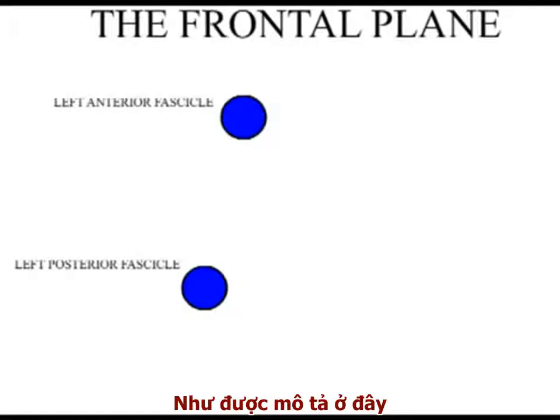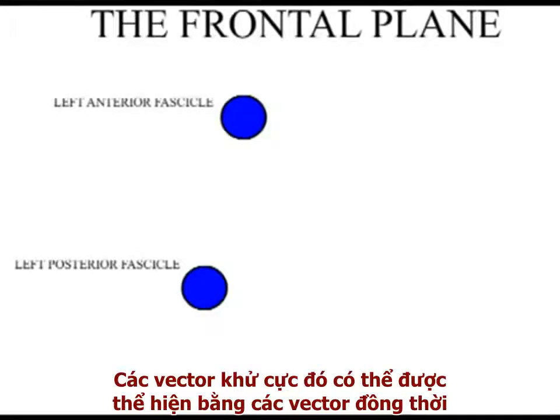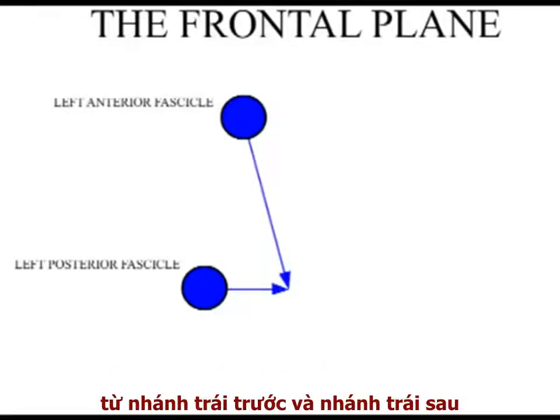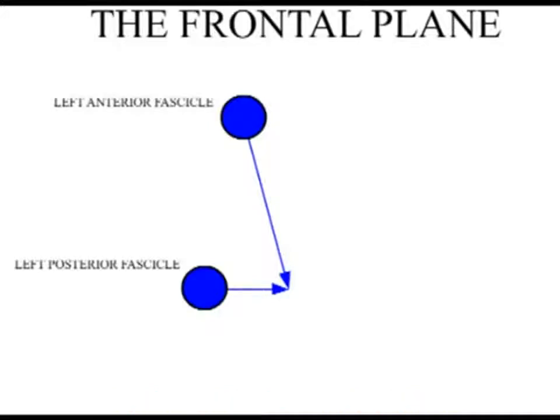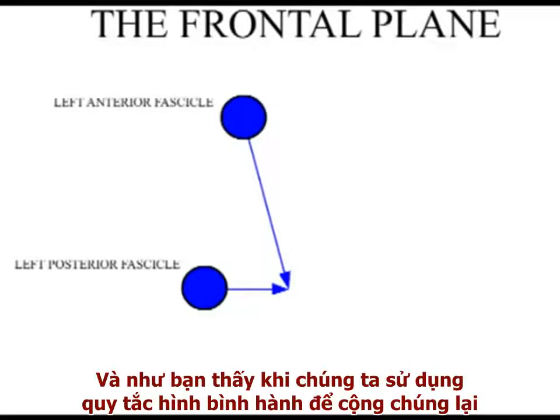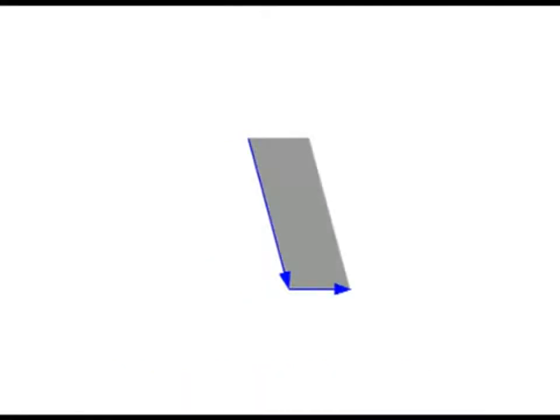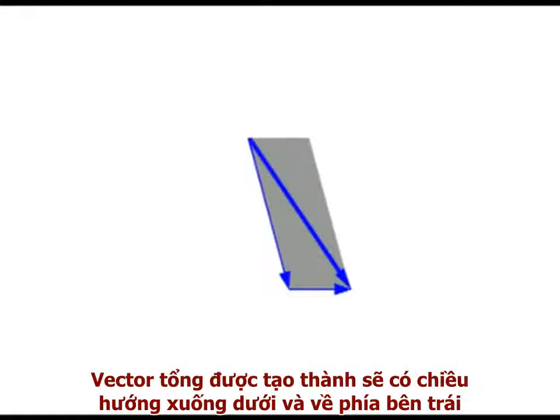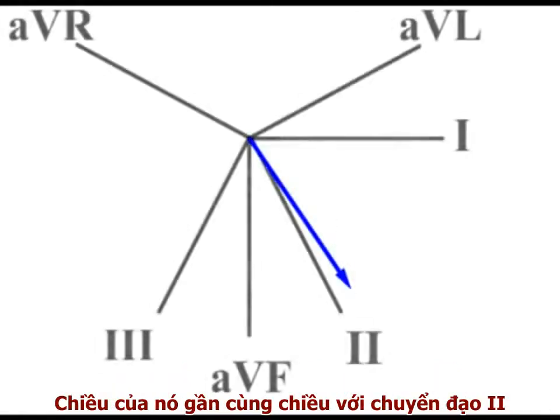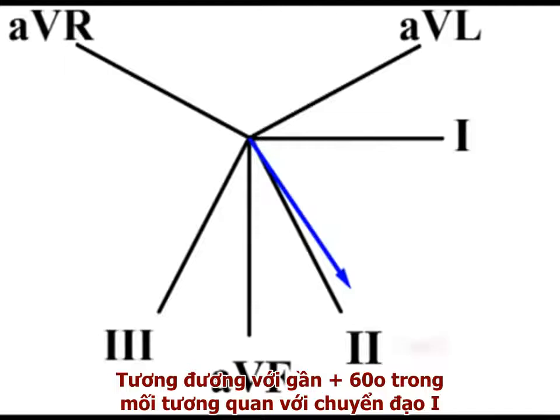As shown here, in the frontal plane, the plane of the screen, they can be represented as vectors flowing simultaneously from the left anterior fascicle and from the left posterior fascicle. As you can see when we use the parallelogram rule to add them together, the total vector generated is travelling downwards and to the left, more or less straight down lead 2, at approximately 60 degrees relative to lead 1.